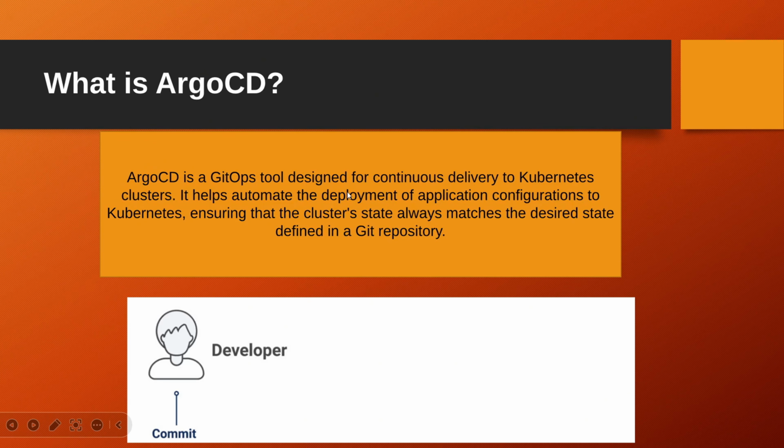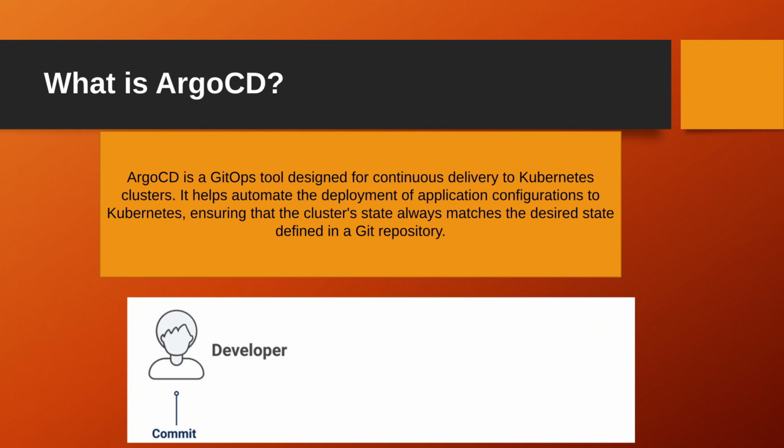It is a GitOps tool that is designed for continuous delivery to your Kubernetes cluster. Let's say your application team has made some changes to the application code. They built the image and they updated the Kubernetes manifest file. So ArgoCD will track those changes in your Git repository and automatically deploy them onto your Kubernetes cluster.